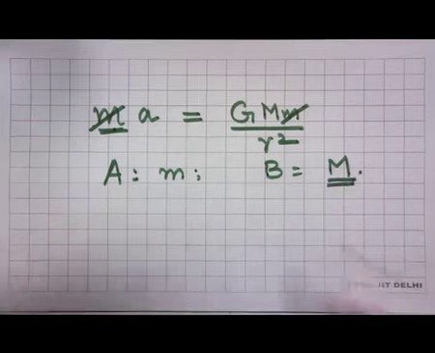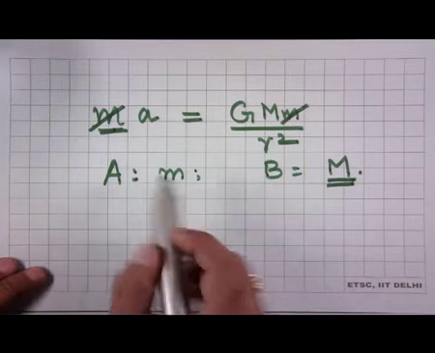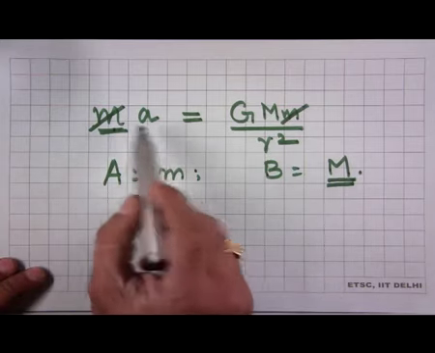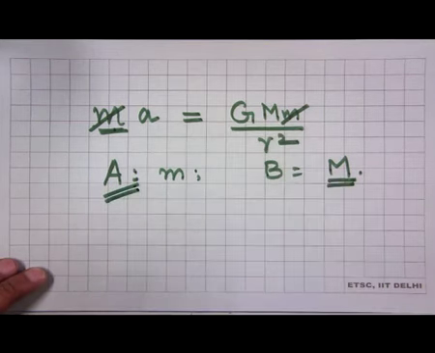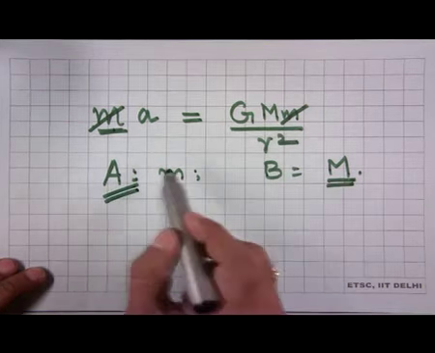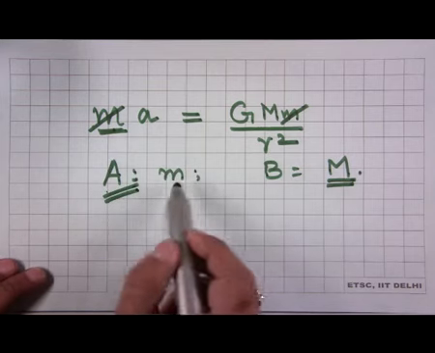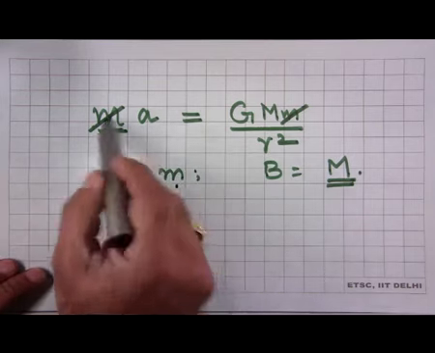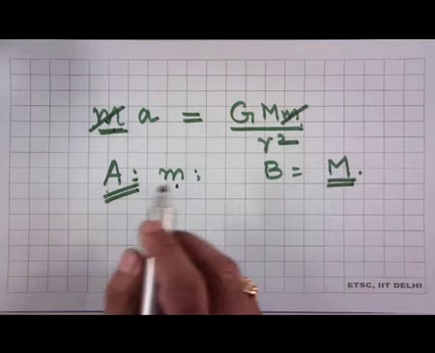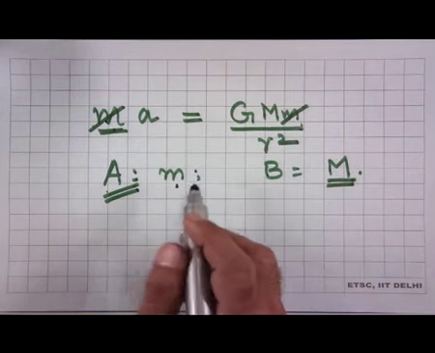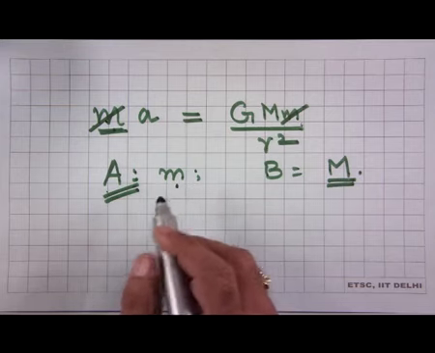So let us say very, very large. I am not going to worry about how the motion of the body A is going to affect the motion of the body B. Now you see, irrespective of what the mass of A is, the two masses cancel each other. Therefore, the acceleration of a test mass in a gravitational field is independent of your own mass.